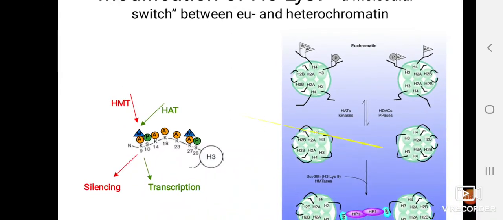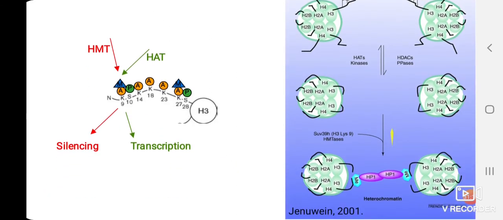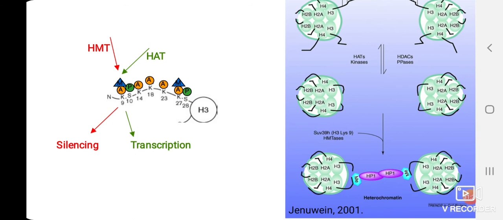You can see chromatin modified by the HATs, kinases and HDACs, protein phosphatases. It can become a normal nucleosome, which can further get converted into a heterochromatin structure by SUV39H1 methylation of H3K9.